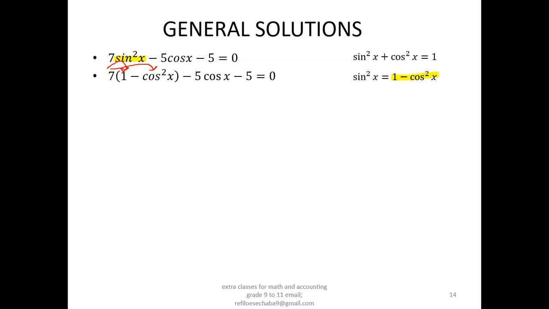Distribute that 7. 7 times 1 will give you 7. 7 times negative cos squared x will give you negative 7 cos squared x.